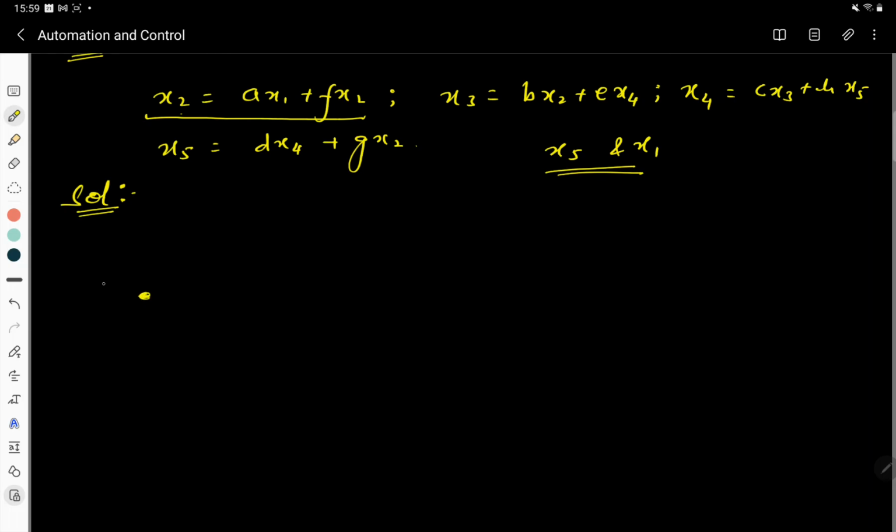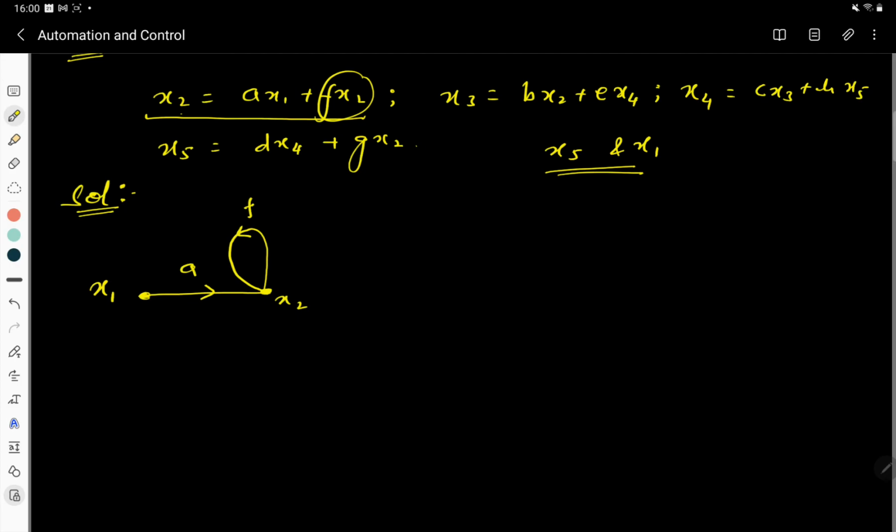We have considered the first node as x1. ax1 means there must be a transmittance of a. And fx2 means there must be a closed loop over here, whose transmittance will be f.